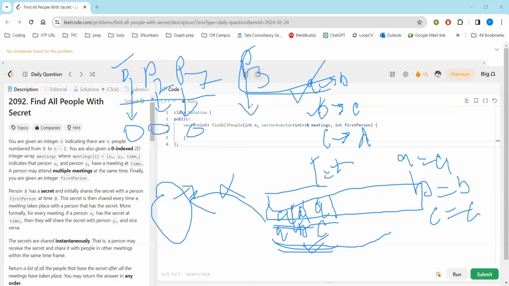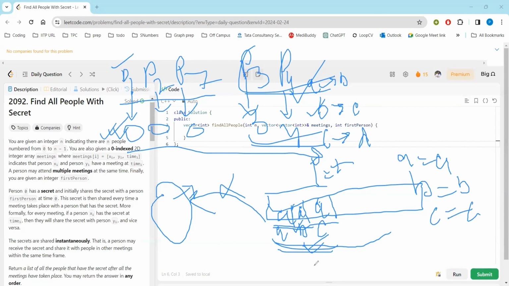Like for P3, it will be 3, P4, it will be 4, like that. So we can iterate the array and if the ultimate source of parent is 0, that means that person knows the secret. If it is not 0, that means that person doesn't know the secret. I hope I have made the solution clear.